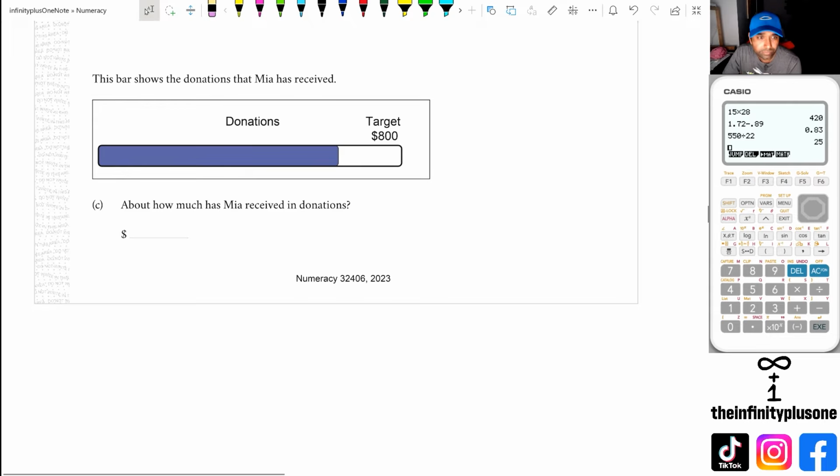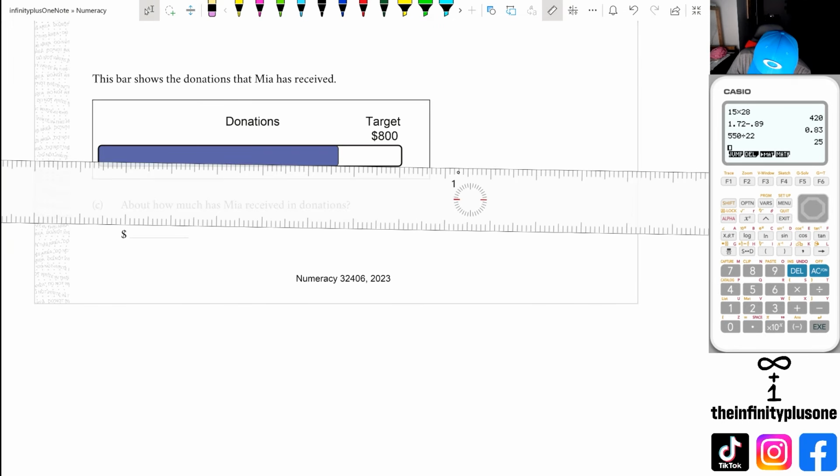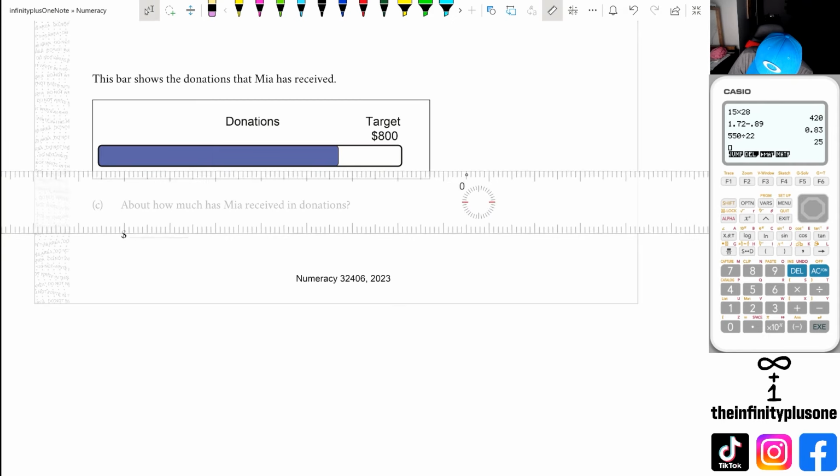3C. This bar shows the donations that Mia has received. How much has Mia received in donations? Now, again, this is a bit of a tricky one here, but the best way to do this is I'd probably use the ruler again and try and come up with some sort of scale here.